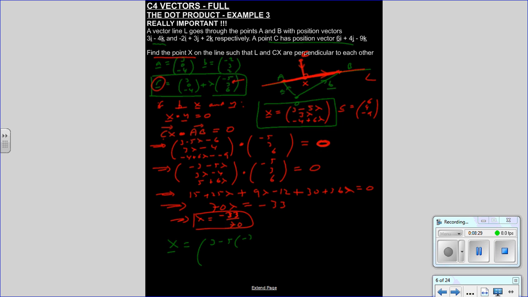So that's minus 33 over 70. 3 minus 33 over 70, and we got minus 4 plus 6 times minus 33 over 70. So this should be horrible numbers. Minus 33 divided by 70.